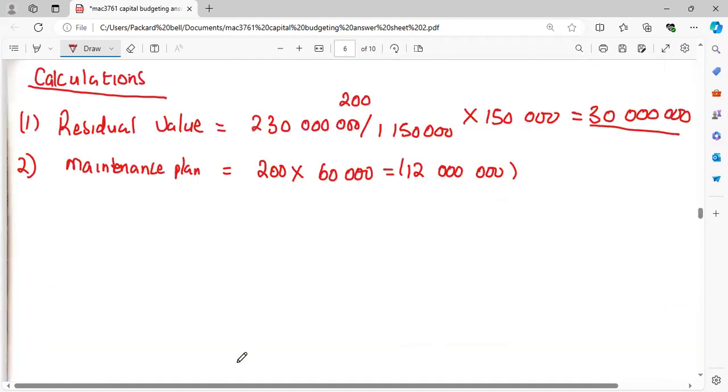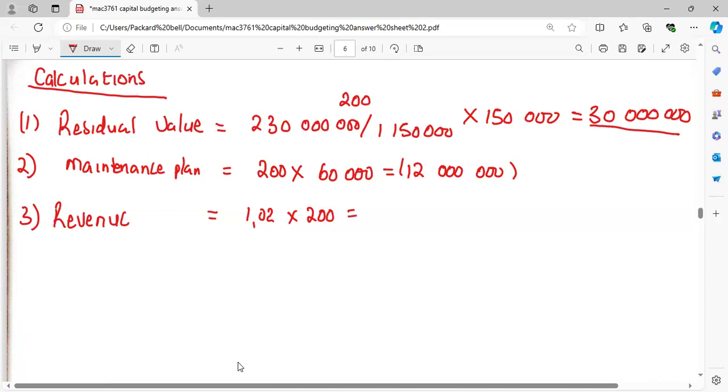So our revenue is going to be 1.02 million times 200 minibuses.